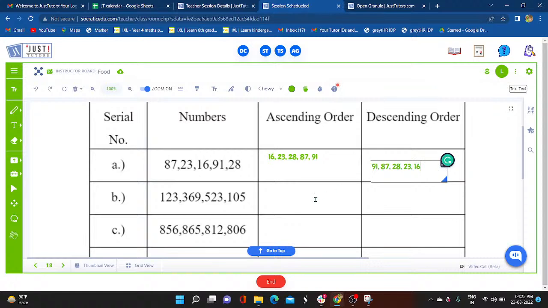So we have just done the opposite of what we did in ascending order. Here we had arranged from smallest to largest, and here we arranged from largest to smallest, just the opposite.